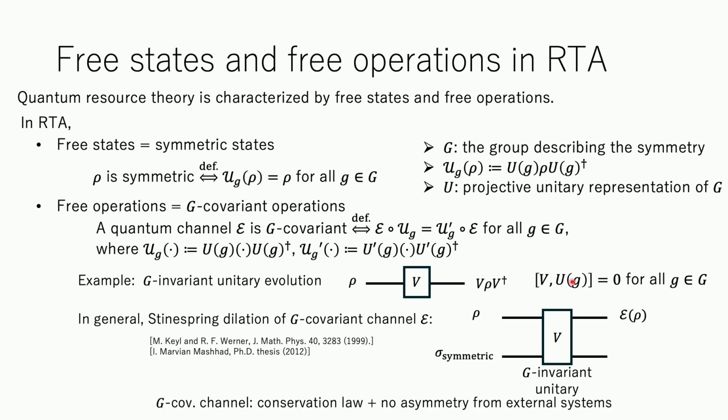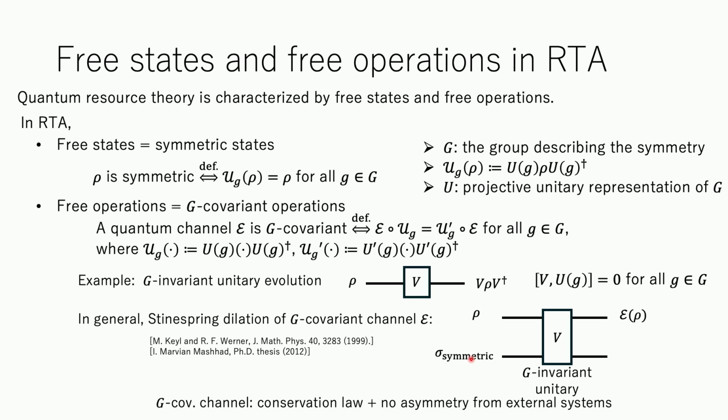In general, the Stinespring dilation theorem provides a physical interpretation of G-covariance. The theorem states that a quantum channel is G-covariant if and only if it is described by this quantum circuit, where the unitary evolution is assumed to be G-invariant, and the initial state of the ancillary system is assumed to be symmetric.